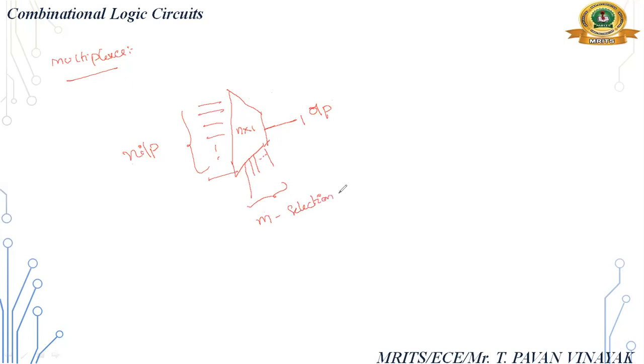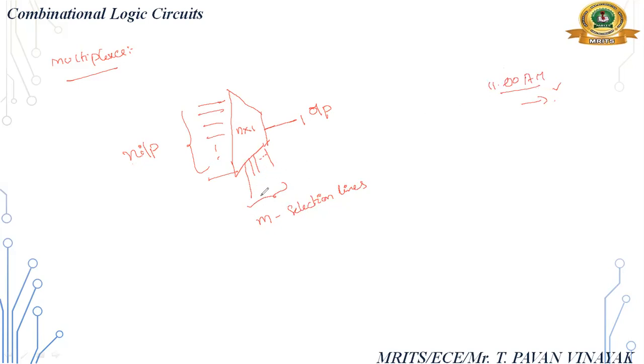Based on these selection lines, we decide which input to send to the output. For example, in theaters, I want the 11 a.m. show. In the 11 a.m. show, only one movie will play, right? You select that movie only. Same here, based on the selection lines.